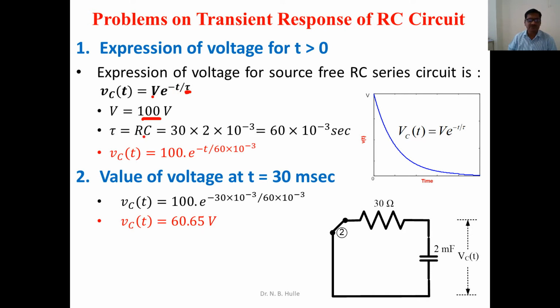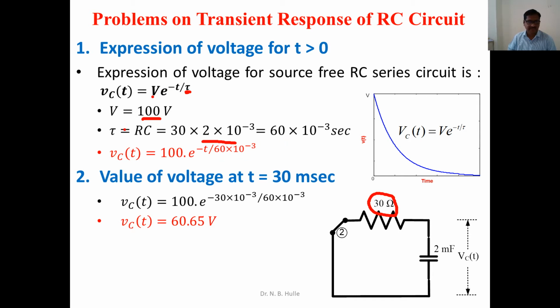Tau is the time constant, which is RC, where R is the resistance, which is 30 ohm here, and C is the capacitor, which is 2 into 10 to the power of minus 3, which gives 60 into 10 to the power of minus 3 second as the time constant. If we substitute these values, Vc of t will become 100 e raised to the power of minus t by tau, and tau is nothing but 60 millisecond.